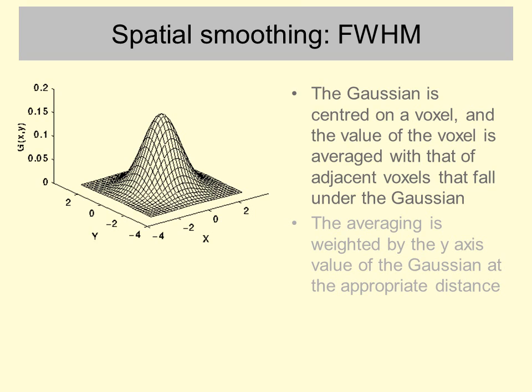When the filter is centered on a particular voxel, it will replace the value of that voxel with the average of itself plus those of the adjacent values that fall under the Gaussian. However, the average is weighted by the y-axis value of the Gaussian at the appropriate distance of the contributing voxel, and so voxels that are further away contribute less.